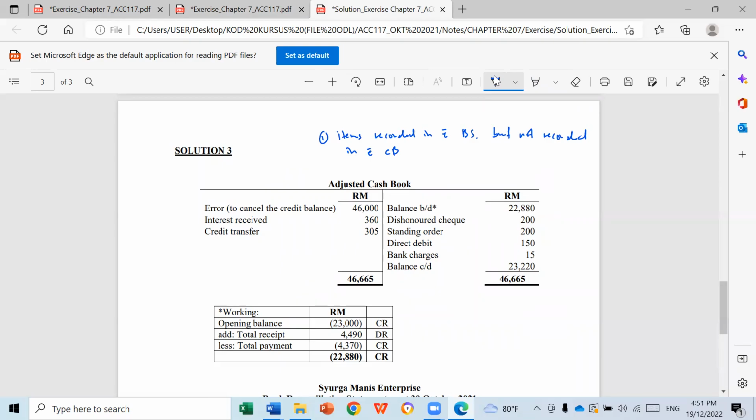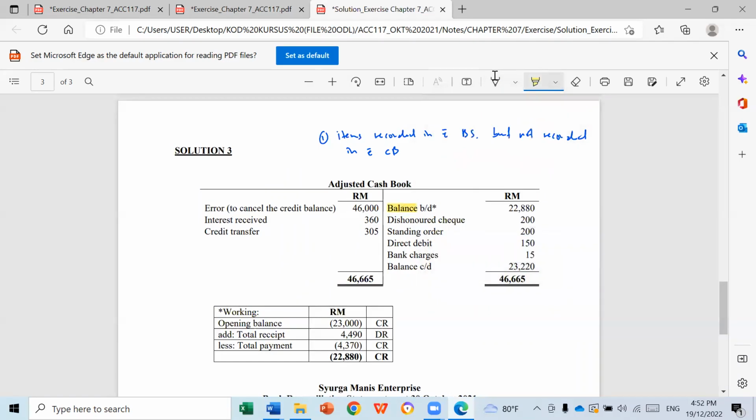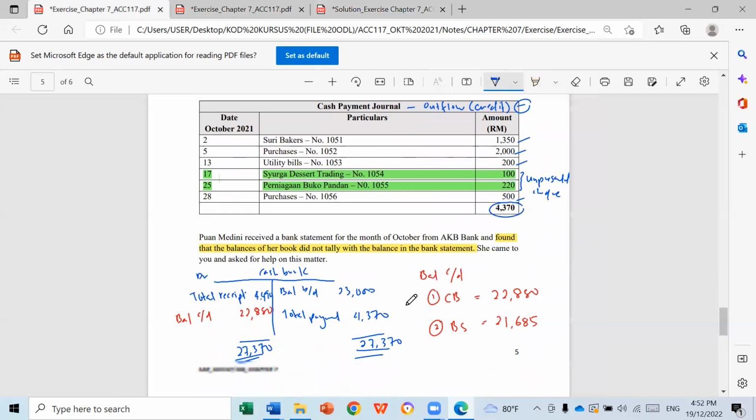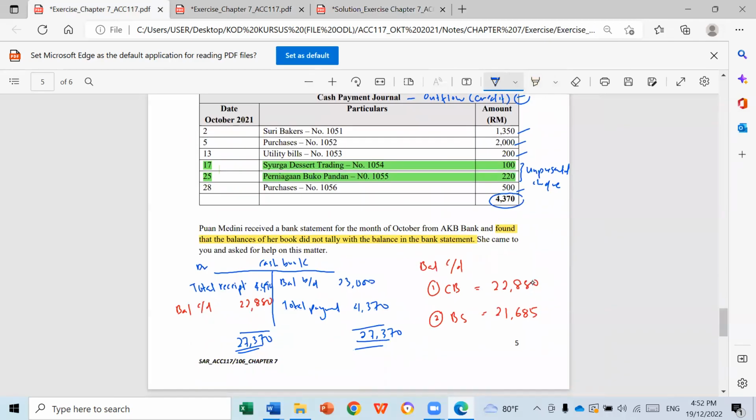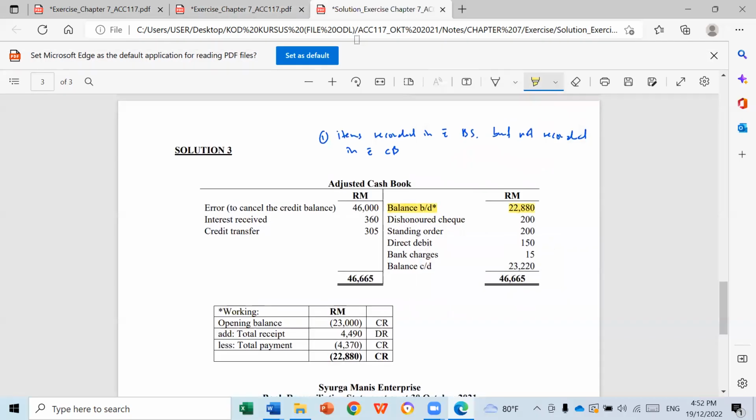How to find the balance? This is the working that I prepared just now. Since we don't have the cash book, we have to work out the balance ourselves. The opening balance will be 22,880, so we will start with this balance, 22,880, on the credit side.